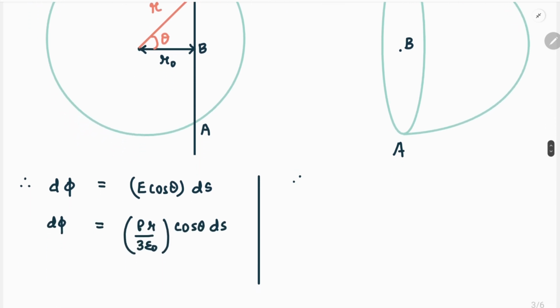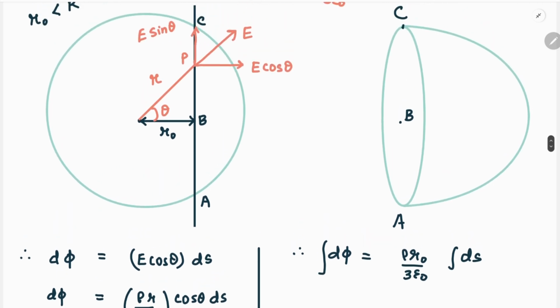Therefore, the electric flux d phi can be written as rho r0 by 3 epsilon naught, and we have the integration of ds. So we need to integrate this surface area. This is the area that we need to calculate.